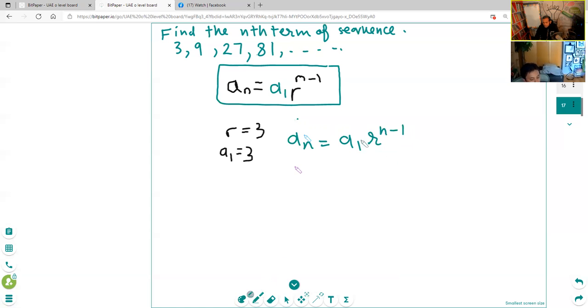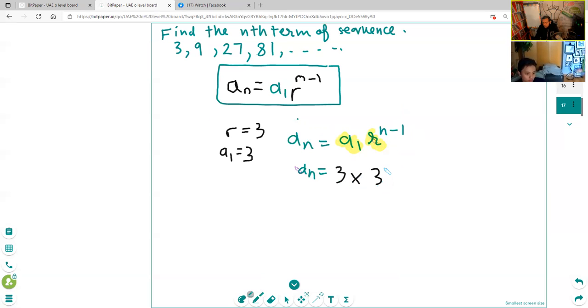Now see, what is the A1 value? Write the A1 value. An is equal to, write the A1 value here. Yes, it is A1 times R to the n minus 1. You should multiply, okay? 3 is multiplied with this.